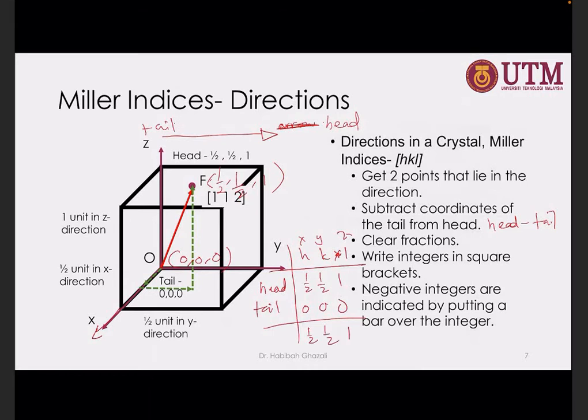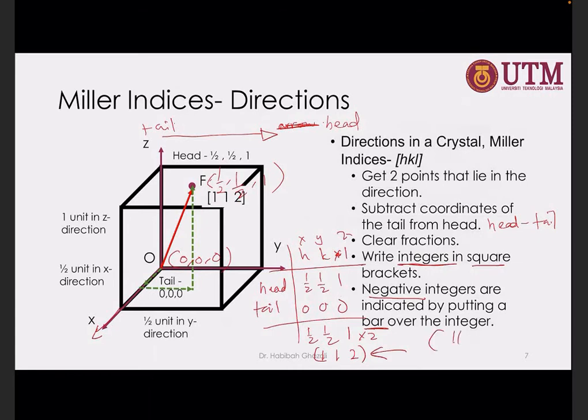So the Miller index, look at this. If we have a negative, we need to put a bar on top of the integer. Write the integers first in square brackets. To change these numbers into integers, we just multiply by 2. So what we got is 1, 1, 2. So we put the brackets. This is the Miller index for this direction.